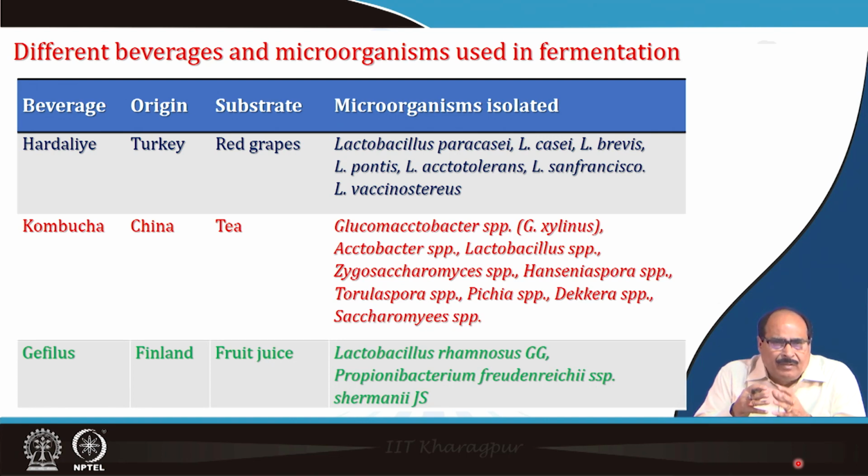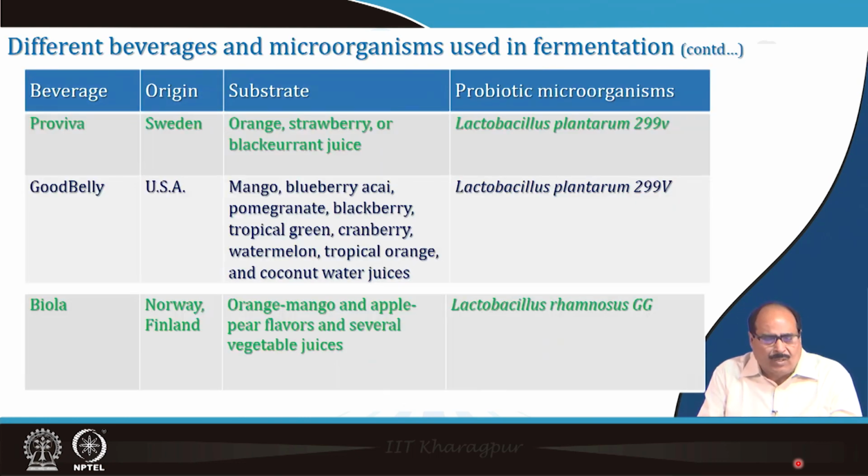In Finland there is Gefilus, for which various fruit juices are used, and here Lactobacillus rhamnosus, Propionibacterium, etc., are the microorganisms. In Sweden, there is a beverage Proviva, which is prepared from orange, strawberry or black currant juices, and here Lactobacillus plantarum is the microorganism.